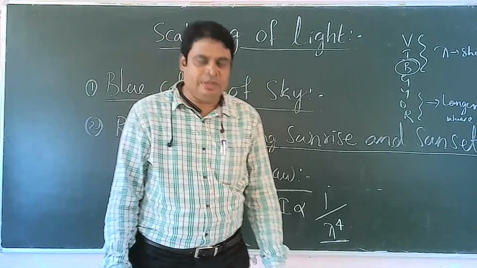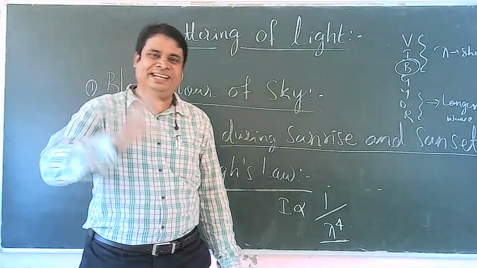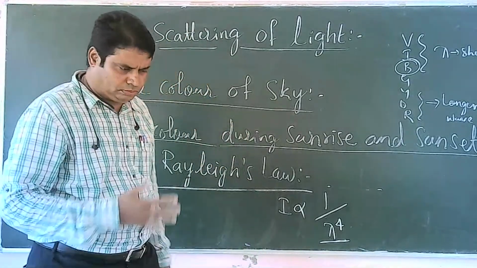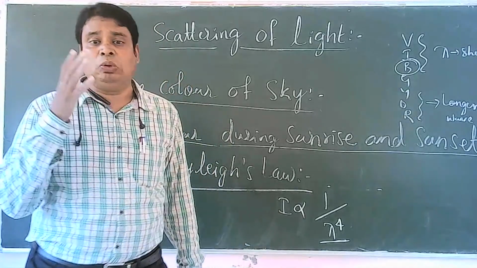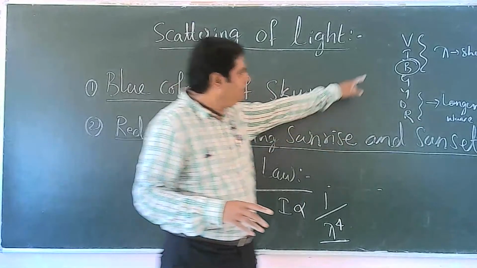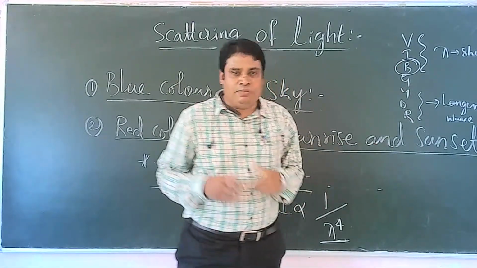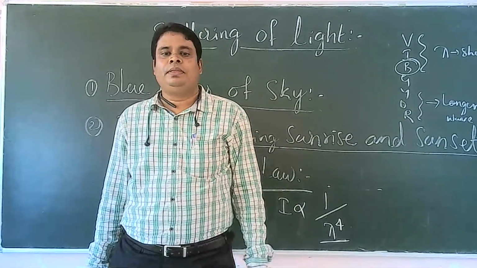Let me repeat the process. When sunlight enters the Earth's atmosphere, it gets scattered. The scattering is more for colors with shorter wavelength. Violet, indigo and blue are scattered more and they reach the observer.